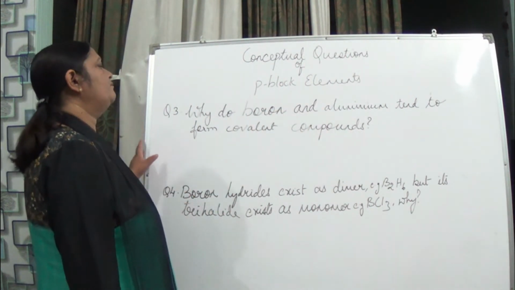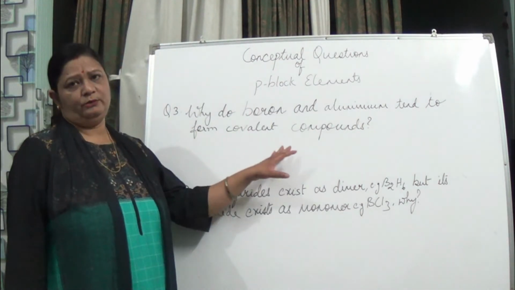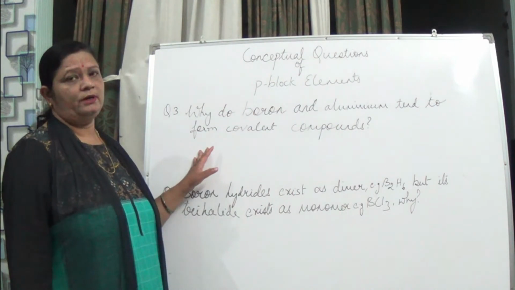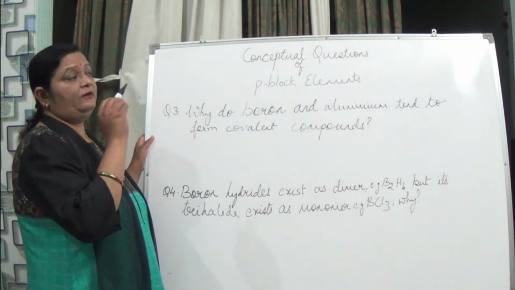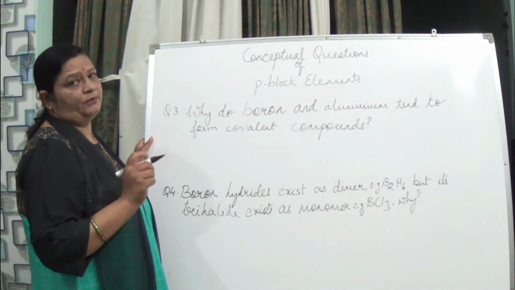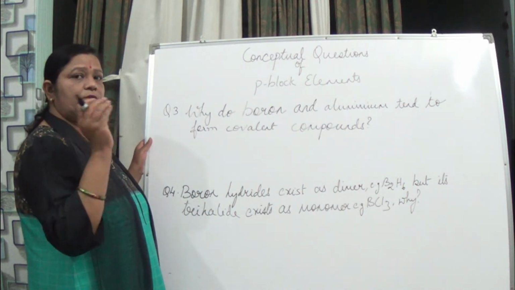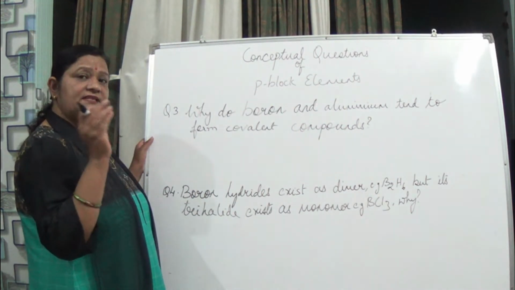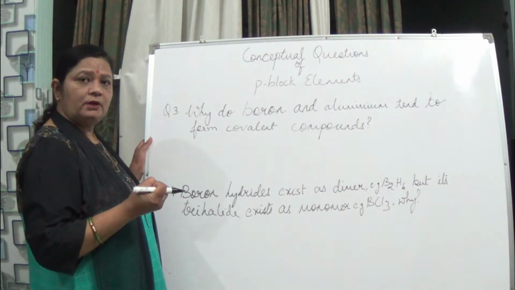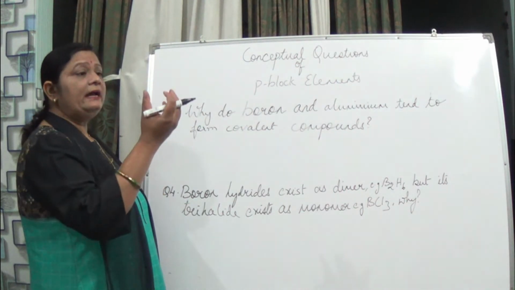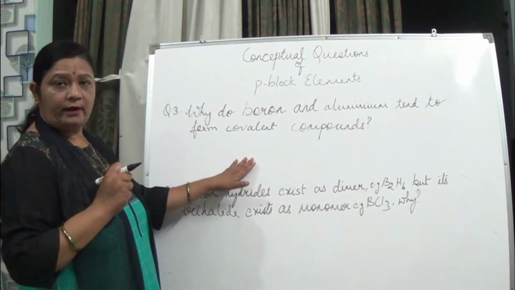So these two, boron and aluminium, have a small size. Because you know that if we go from left to right in the periodic table, the electrons are added to the same shell, and as a result, what happens?